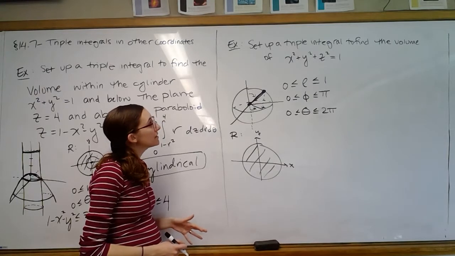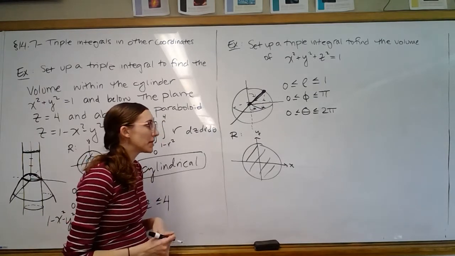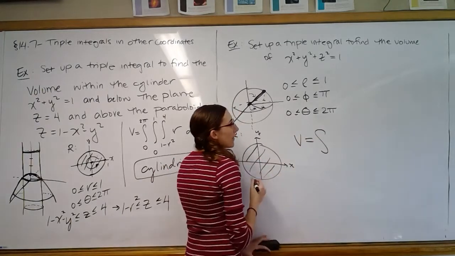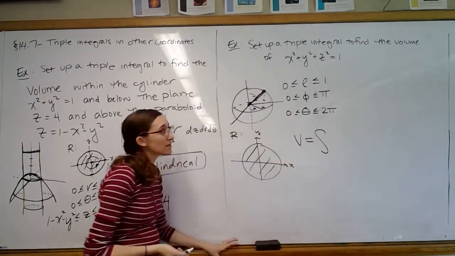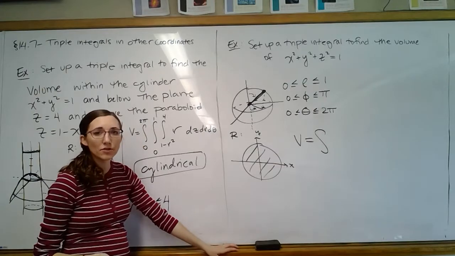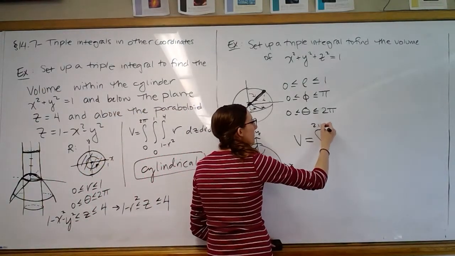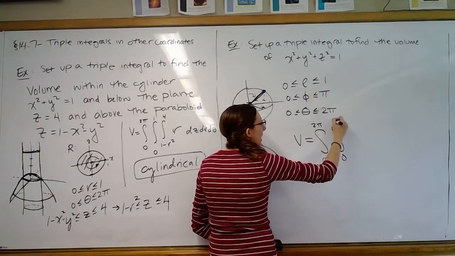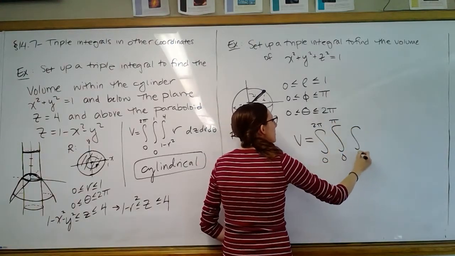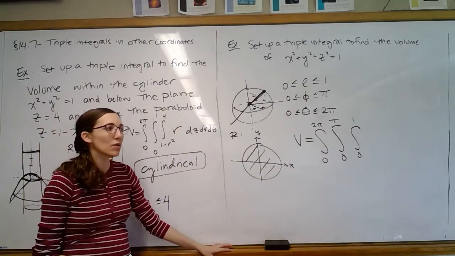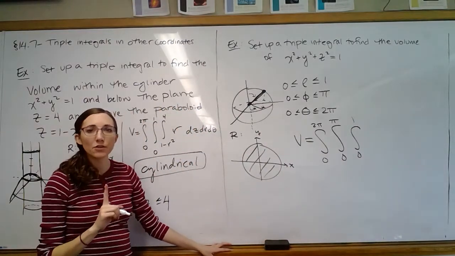So we just need to put things where they go. We can do volume, and we could do theta on the outside, though it really doesn't matter because they're all constant values. None of them are functions of one another. So we could go from 0 to 2 pi, 0 to pi, 0 to 1. Remember, if it was rectangular coordinates to find a volume, we would just integrate 1.